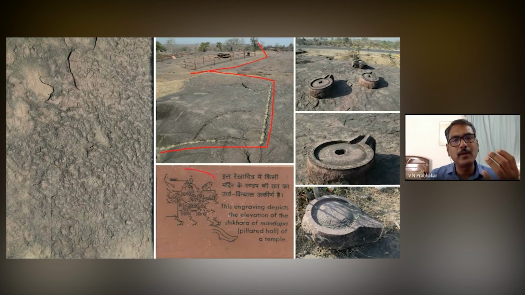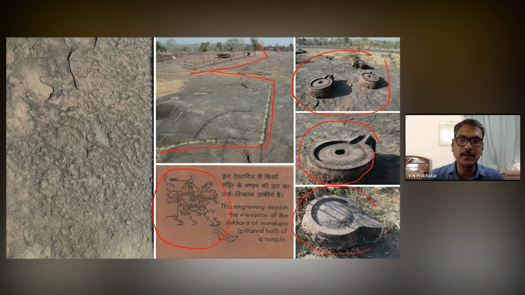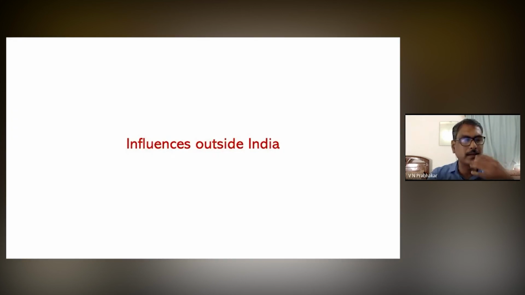But complete documentation has been carried out of what kind of elevations have been depicted. And just before the temple, we also see various unfinished shivalingas which have been scooped out from the bedrock and are lying here and there. So this is the kind of evidence which clearly indicates the various modes of construction methodologies the ancients might have followed.